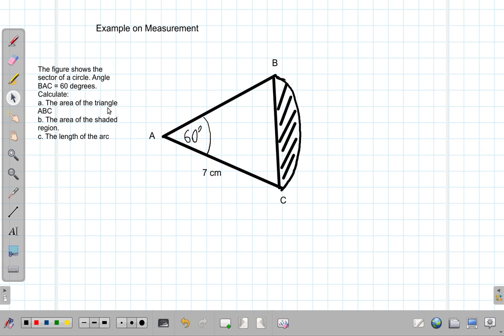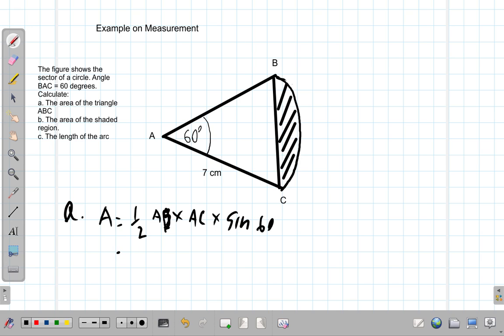We need to calculate the area of triangle ABC. In calculating the area of a triangle, we can use the formula that says the area of a triangle is half one side, that is AB, times the other side AC, times the sine of the angle between them, sine 60.